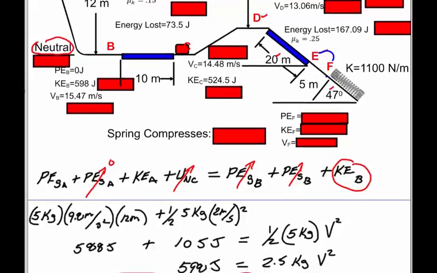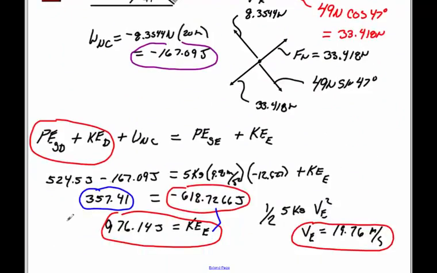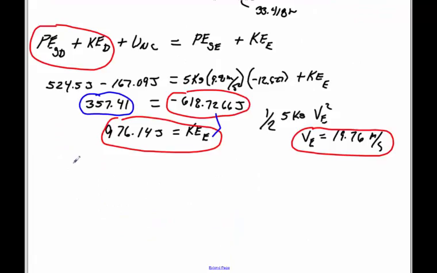So we'll go back and write the equation down. The gravitational potential energy at E plus the kinetic energy at E. There's no work, so I'm going to ignore the work done by non-conservative forces.